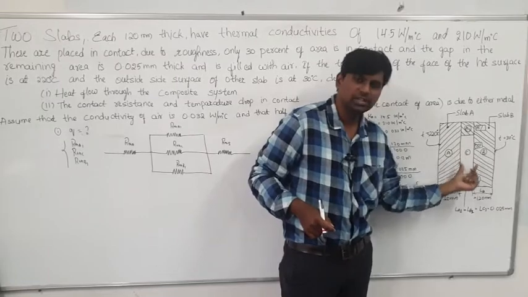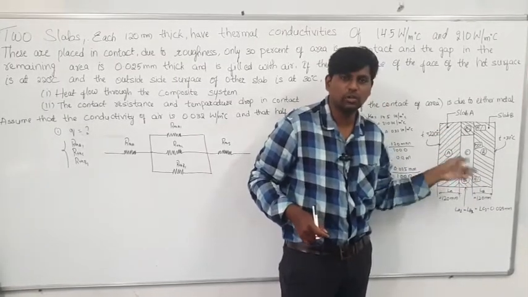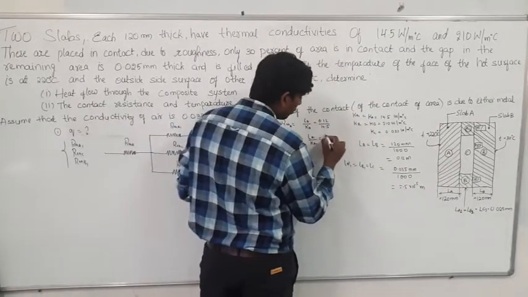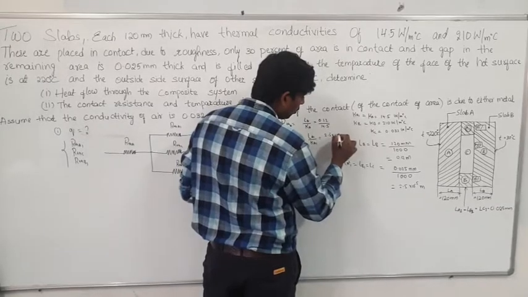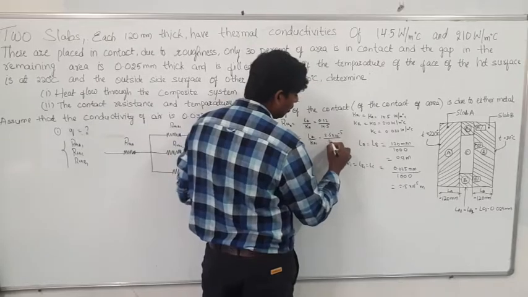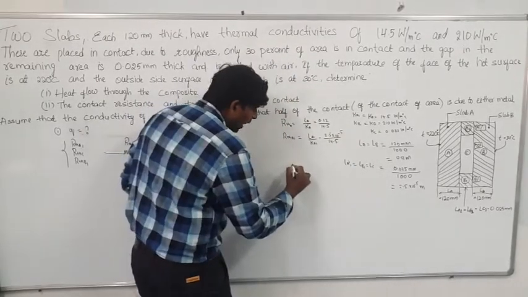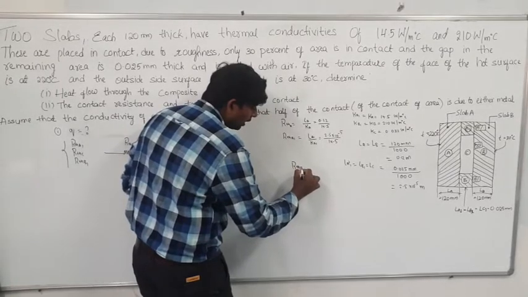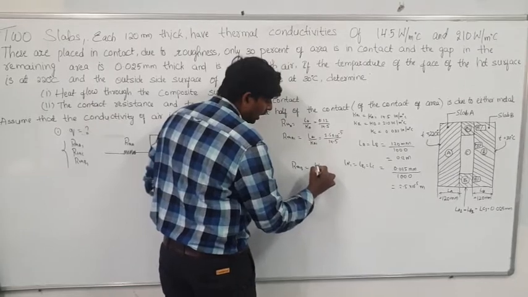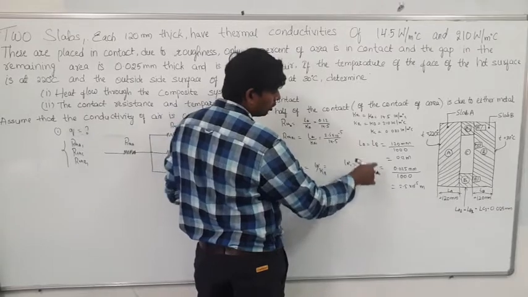So the length is 2.5 into 10 to the power of minus 5, divided by the KA1 value, which is 14.5. After that you have to find RthB. RthB means L by K, LB by KB. What is the LB value?